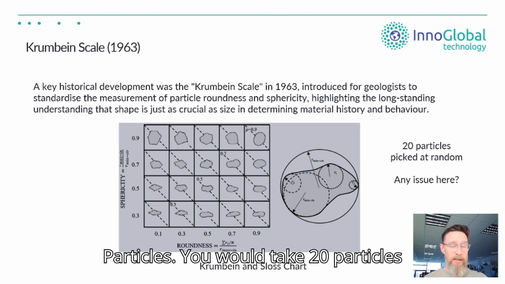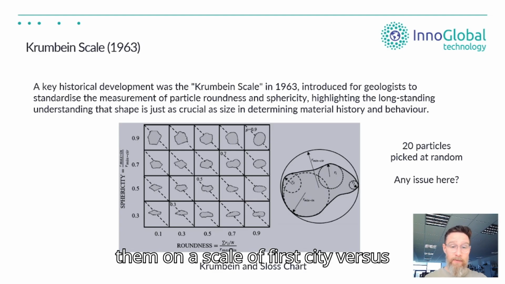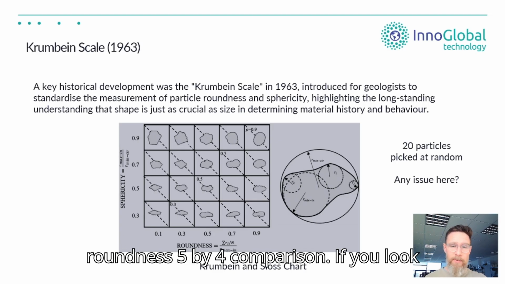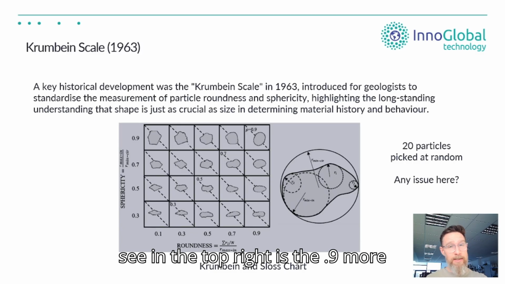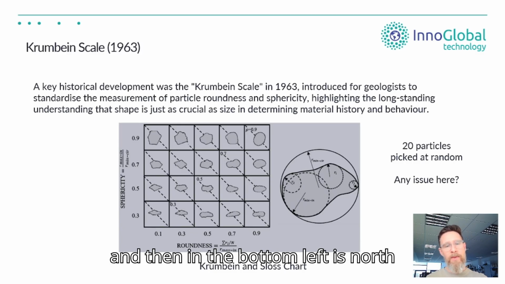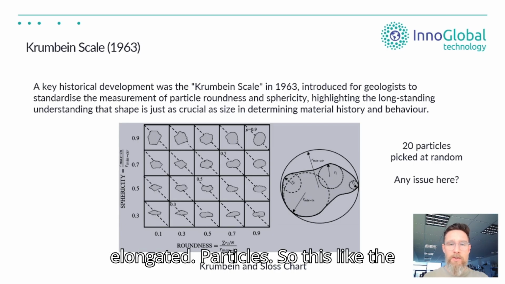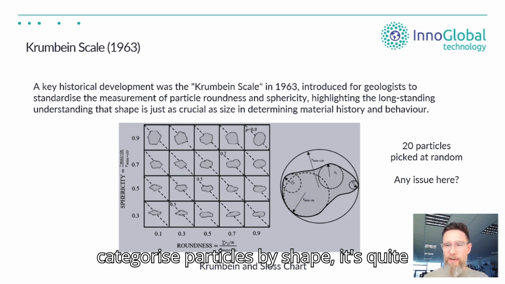You would take 20 particles out of that whole population and compare them on a scale of sphericity versus roundness, a 5 by 4 comparison. If you look at the image here of the chart, you can see in the top right are the 0.9 most spherical kind of particles that you have, and in the bottom left are the most elongated particles. So this is the traditional method that was first done to categorize particles by shape.